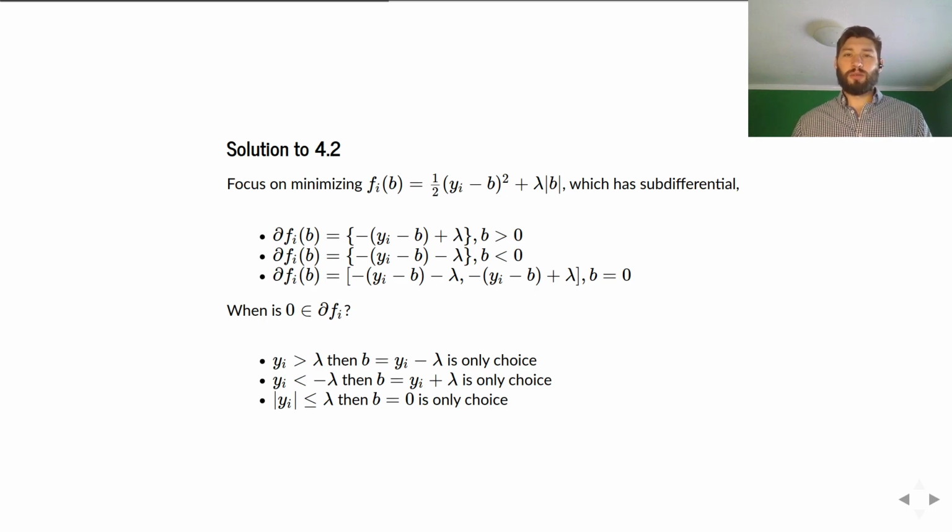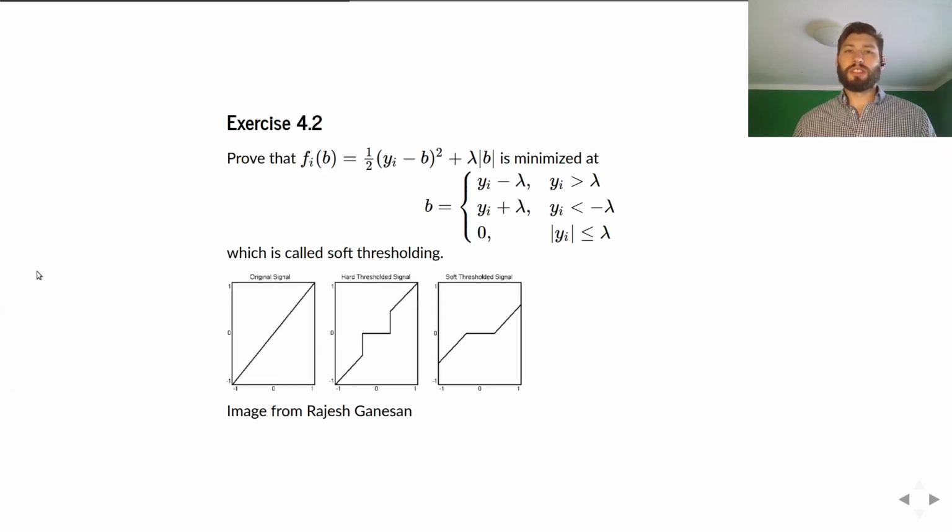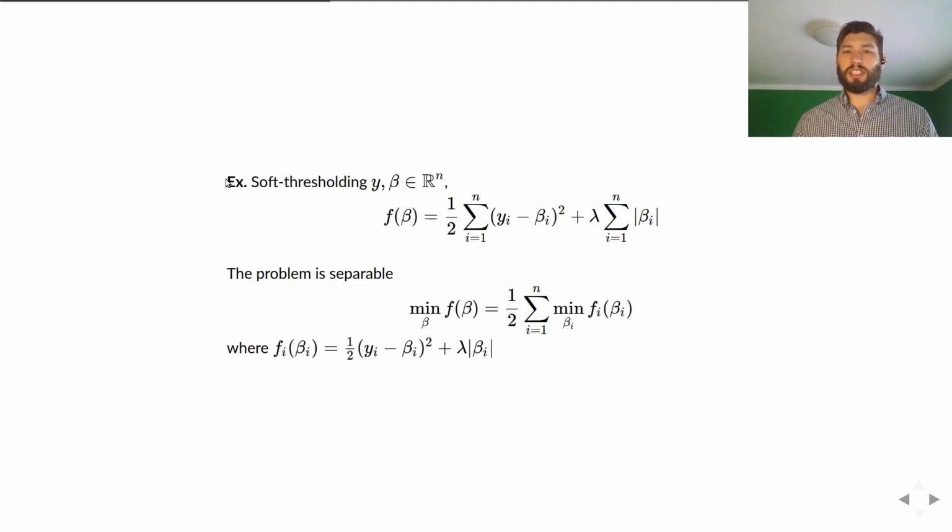Okay, so welcome back. We just had been talking about soft thresholding and these problems of minimizing a square error loss plus an L1 penalty term. So let's go back to the context really quickly.